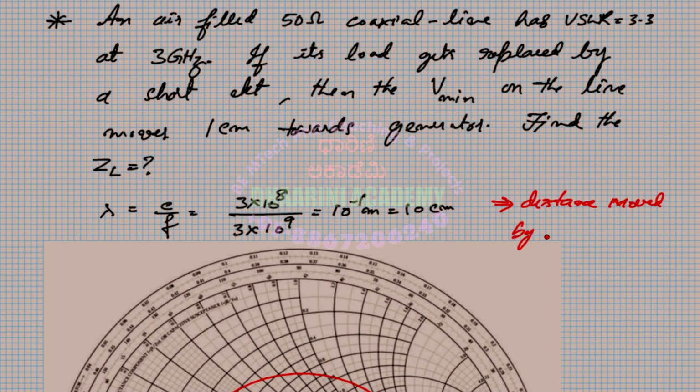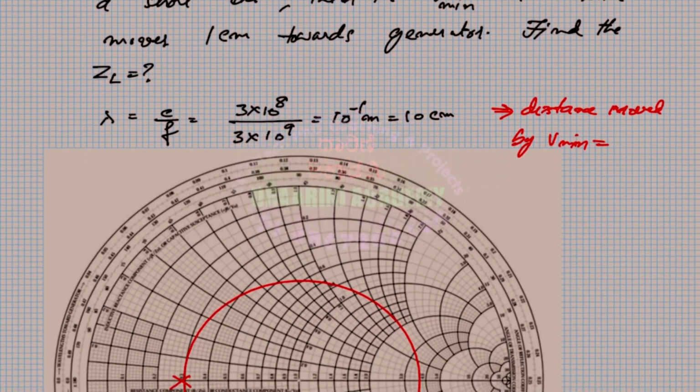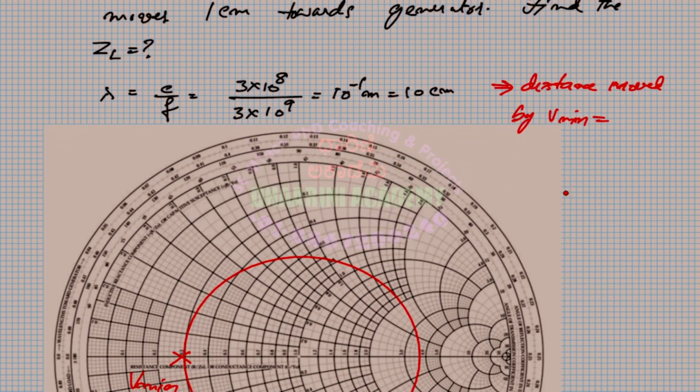moved by V min equal to, so I simply use a ratio. The ratio is like this. If it is 10 centimeters, that is the lambda, correct? Lambda is equal to 10 centimeters, right? If they say 1 centimeter, then that is how much? I'm simply calculating that.